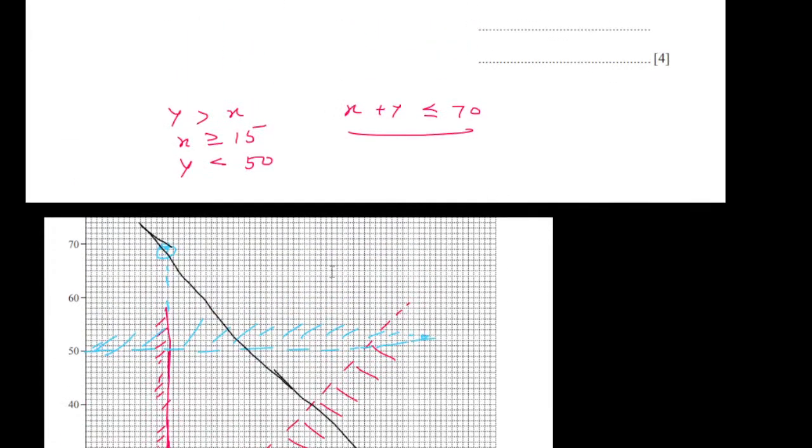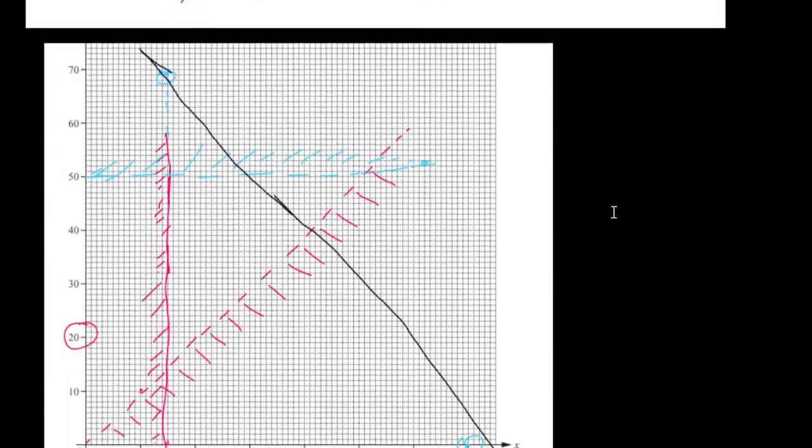And what it said is that x plus y is less than 70, this is my required area. Anything below this, so my unwanted region will be this part.